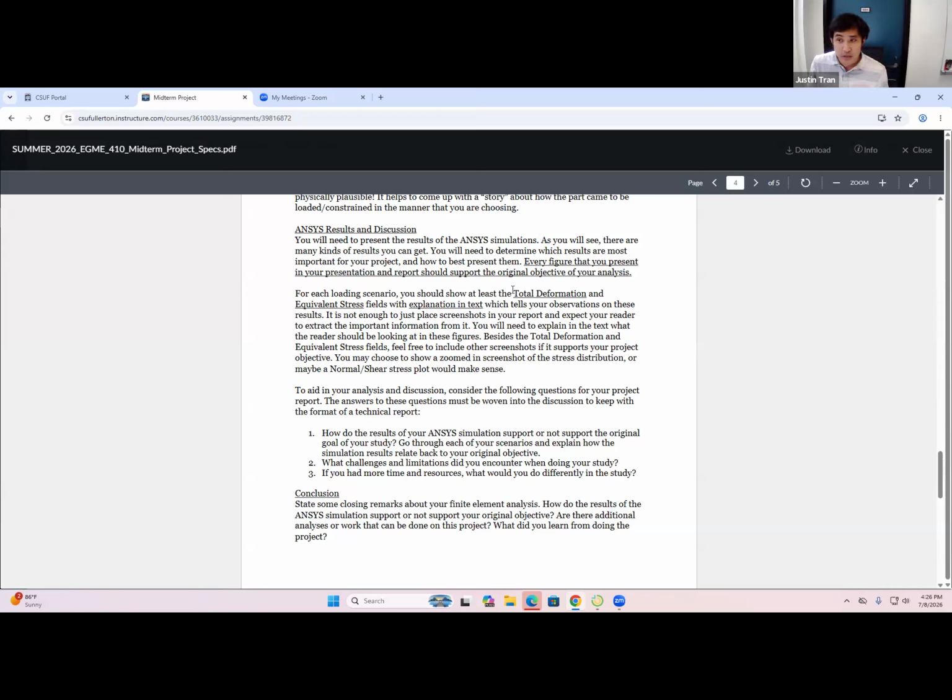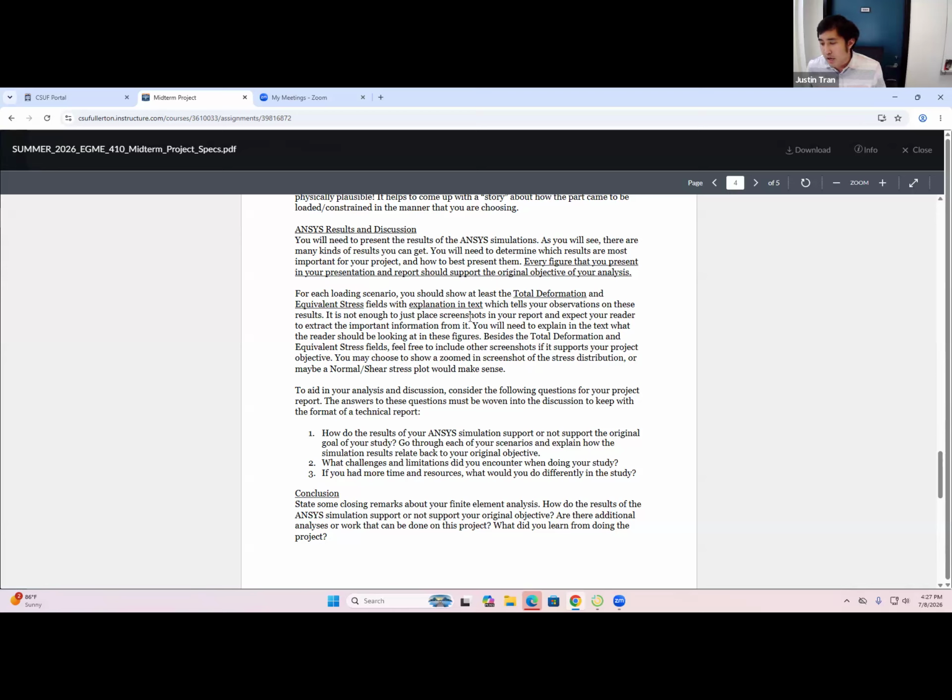What that means is that you're not just going to be dropping figures of deformation and stress into your report, because if someone outside of this class were to look at that, they may not know exactly what to look at. So in addition to putting the figures, you also have to explain in the text what those figures are showing.